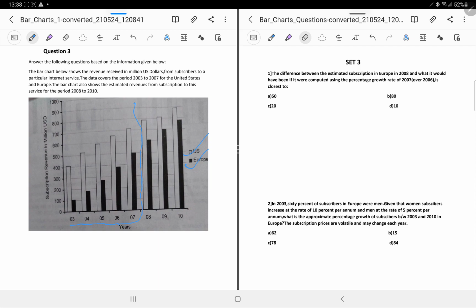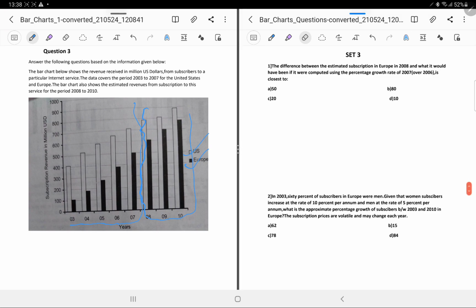And what is this here about? The bar chart also shows the estimated revenues, so for this year, these are the estimated revenues. Let's see the question and then we'll solve it. The difference between the estimated subscription in Europe in 2008 and what it would have been if computed using the same percentage growth rate of 2007 over 2006.